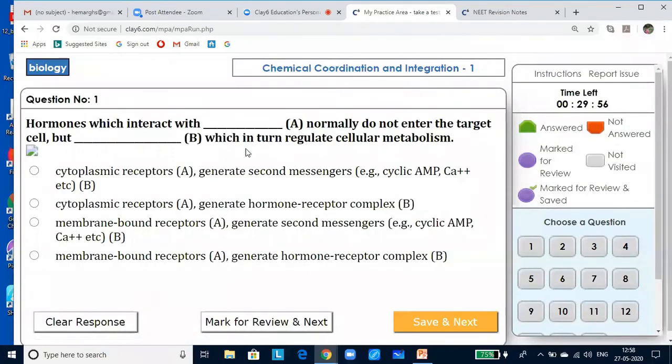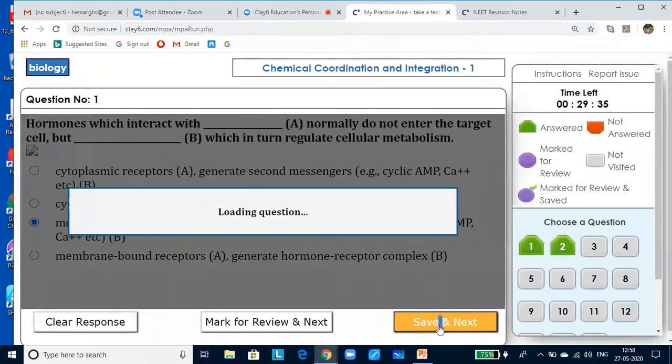Hormones which interact with dash normally do not enter the target cell, but dash, which in turn regulates cellular metabolism. So, we know it is membrane-bound receptors. Hormones which interact with membrane-bound receptors normally do not enter the target cells, but generate secondary messengers. So, this is the choice.